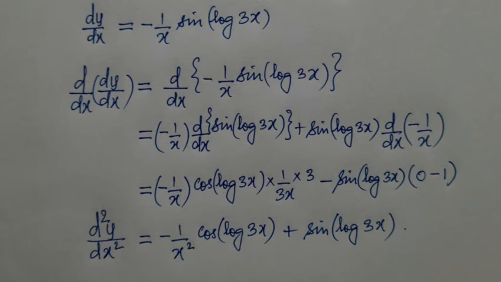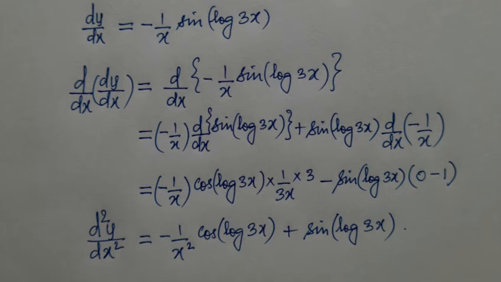Now again, on the right hand side, the only variable that can change is x. Though there are two x's here, it is still the same x, the only variable that can change independently. So to find the second order derivative, we differentiate both sides again with respect to x, because x is the only independent variable that can change.